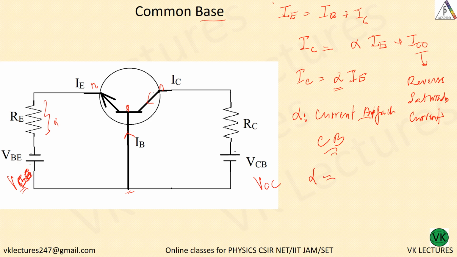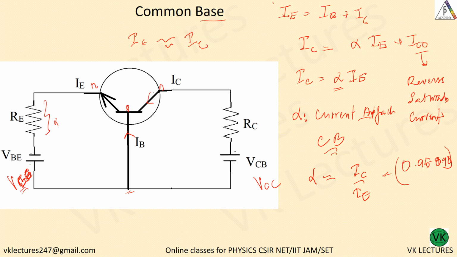Alpha is equal to IC by IE. The value is around 0.95 to 0.98. That means maximum current, IE will be almost equal to IC.